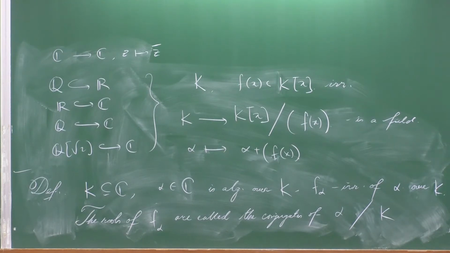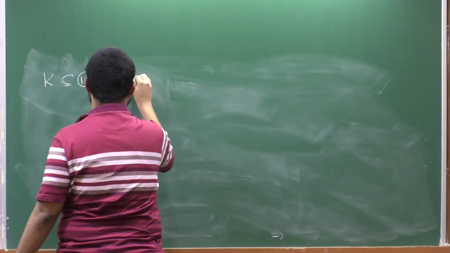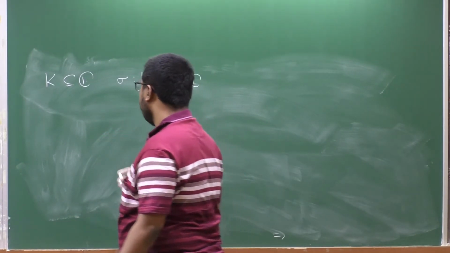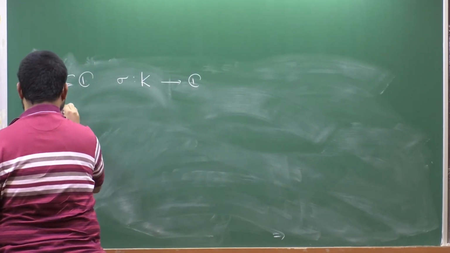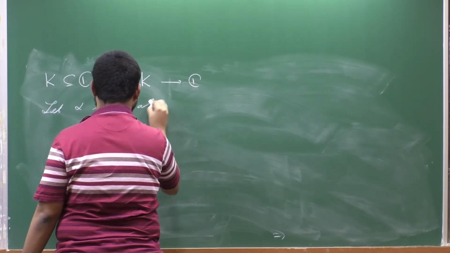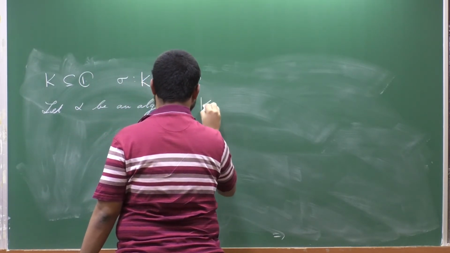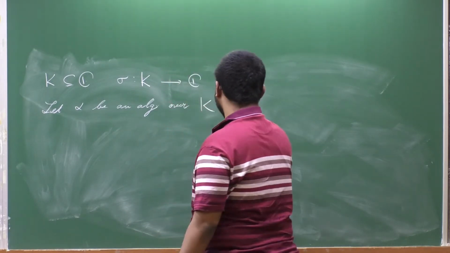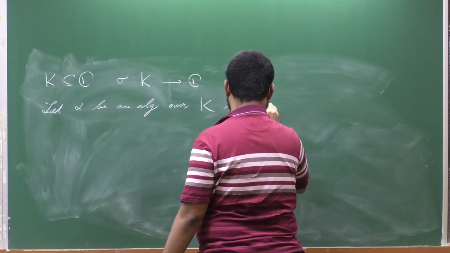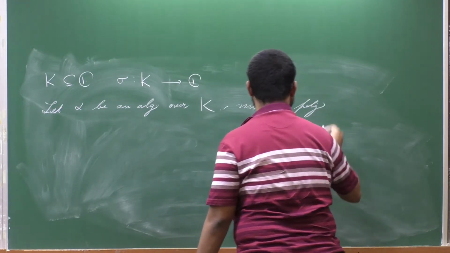Let K be a subfield of C and sigma be an embedding of K inside C, and let alpha be an algebraic element over K whose minimal polynomial is f.